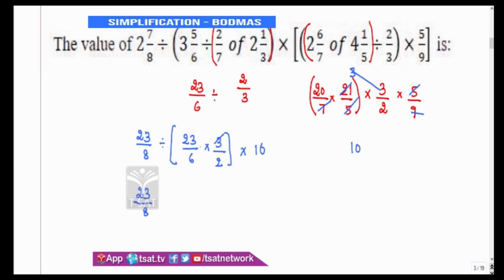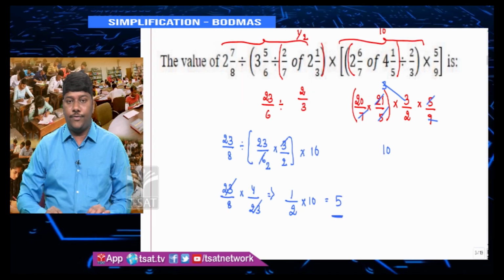If you simplify this, 23 by 4, it becomes 4 by 23. So 23, 23 is going to cancel. So it becomes 1 by 2. Finally, the left side of the part becomes 1 by 2 into right side bracket becomes 10. So whole thing is simply 5. So 1 by 2 into 10, which is 5. So this whole thing we got as 1 by 2. The right hand side we got as 10. So 1 by 2 into 10, it is 5.